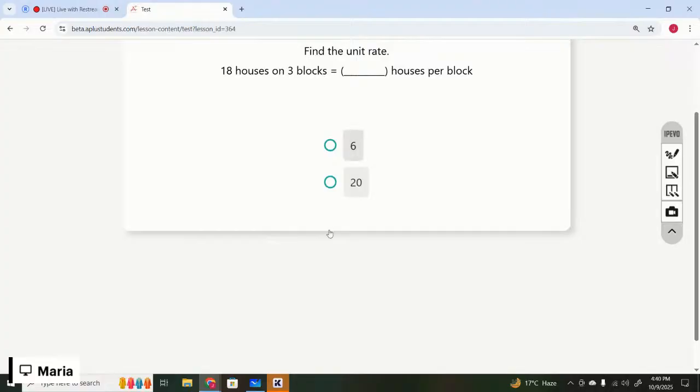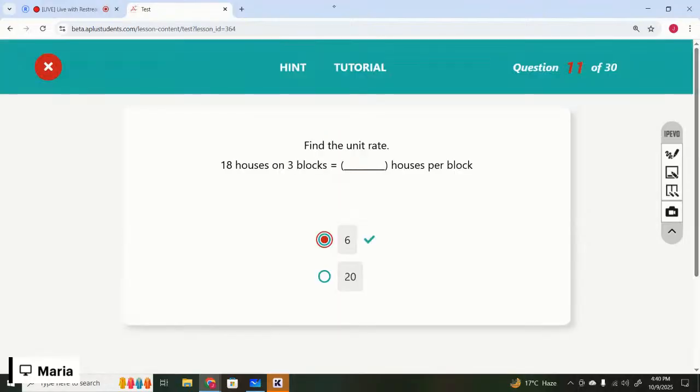That is 6 houses per block. Option number 1 is the correct option. Okay, you can complete the lesson by yourself later today.